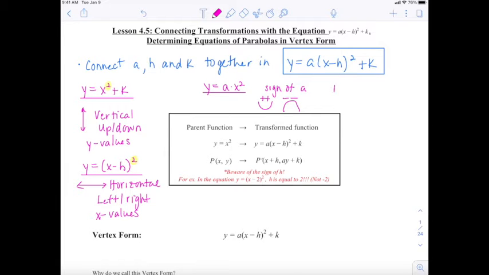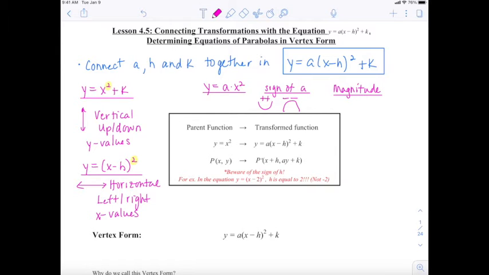We also said the magnitude of a has an effect. And magnitude, remember, is size without sign. So negative 5 has a magnitude of 5. We just ignore the sign.